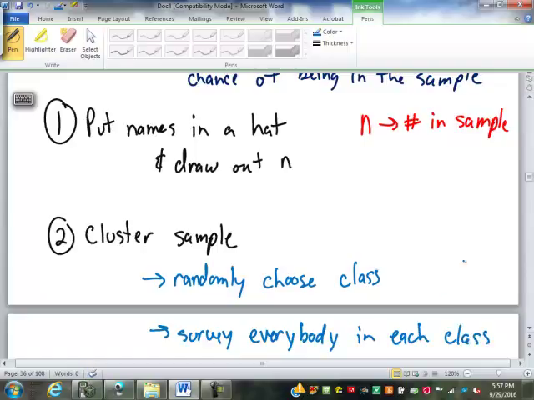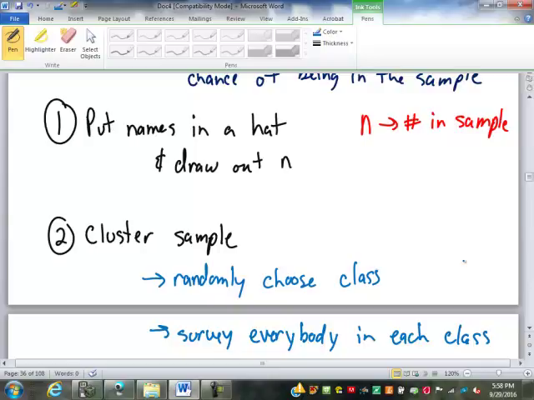So let's say I need 200 students again. Your classes have an average of 15 students. So I figure I need, what does that come out to be, like 14 classes to get me to 200. So I'm going to randomly select 14 classes that meet throughout the college. Then I'm going to go to each of those classes and I'm going to survey every student in each of those classes. Every class had an equal chance of getting chosen, so every student had an equal chance of getting chosen.